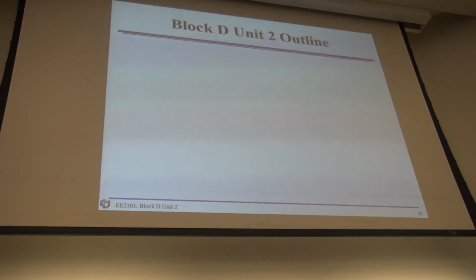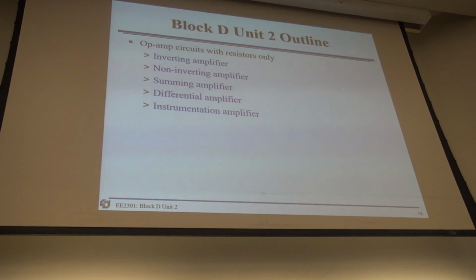So let's talk about those basic ideas: how to do inverting amplification, non-inverting amplification, summation, differentiation. Remember, all these things are called operations. You are doing something, operating on something. That's why we call them operational amplifiers.